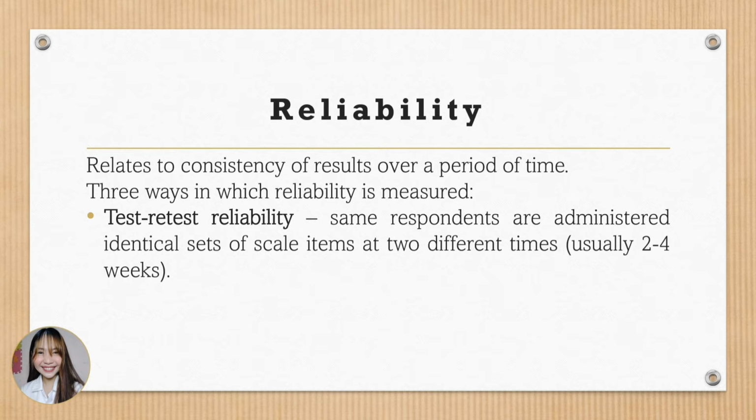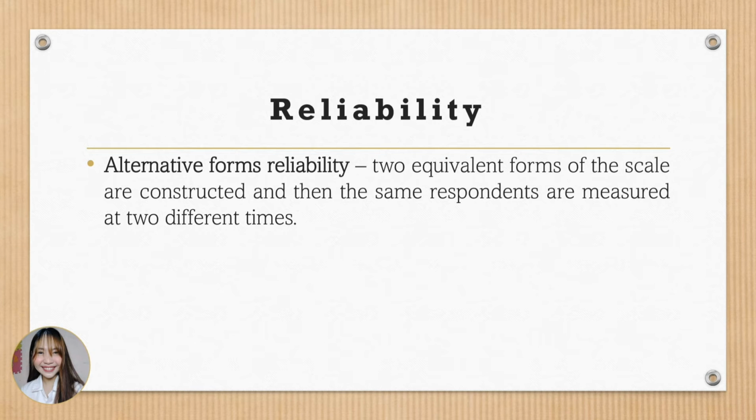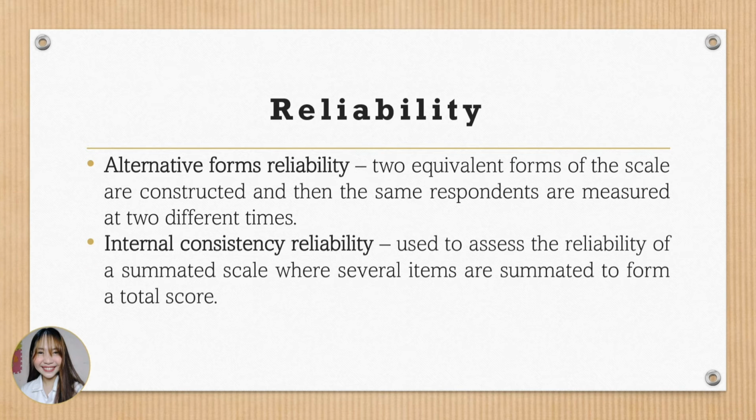The higher the correlation between the two measurements, the higher the scale reliability. Next is alternative forms reliability. In measuring alternative forms reliability, two equivalent forms of the scale are constructed, and then the same respondents are measured at two different times. Finally, we have internal consistency reliability.